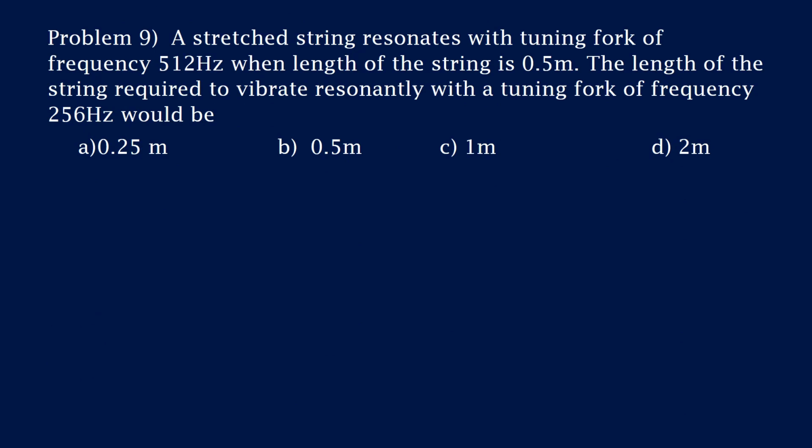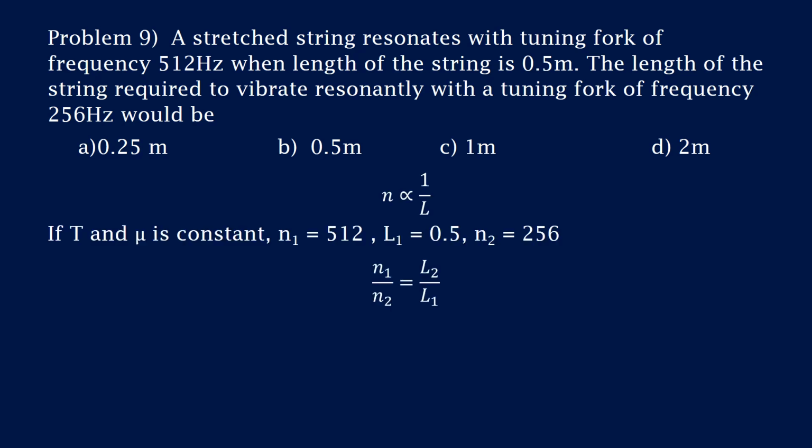Option B is correct. In this question, a stretched string resonates with tuning fork of frequency 512 Hz when length of the string is 0.5. Asked to calculate the length of the string required to vibrate resonantly with a tuning fork of frequency 256 Hz. Now, we know that NL is equal to constant when T and mu is constant.